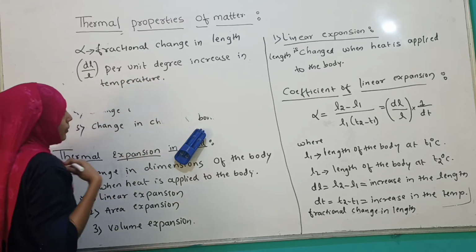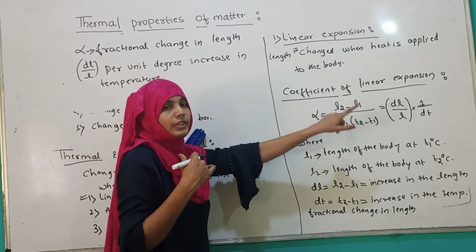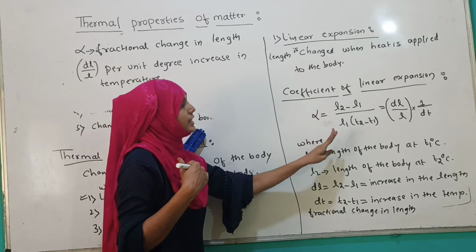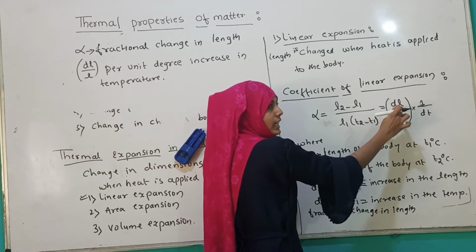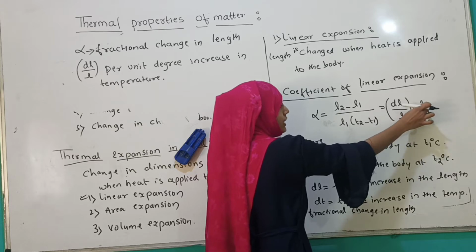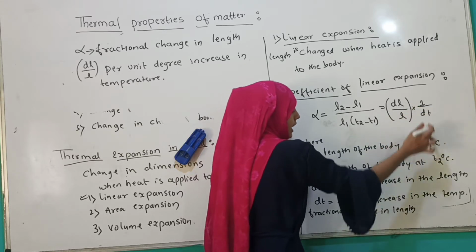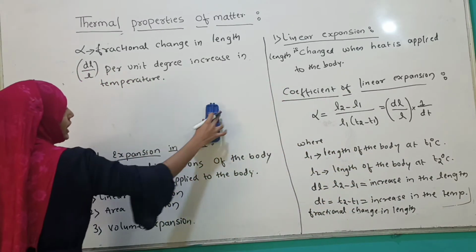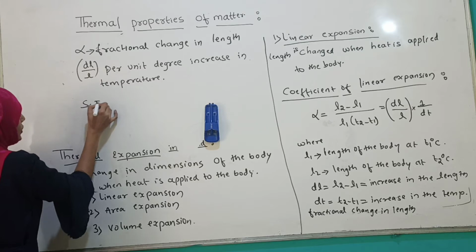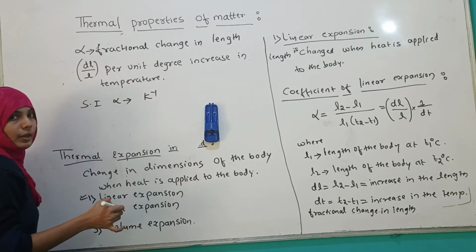See, once more, the coefficient of linear expansion is defined as the fractional change in the length per unit degree increase in temperature. Next, the SI unit for alpha is per Kelvin.